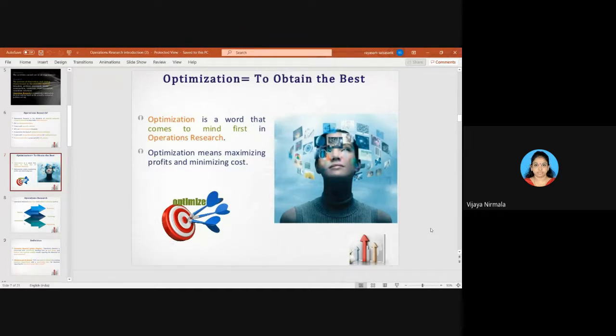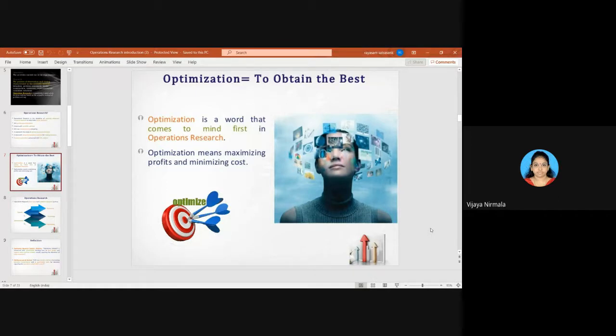You can ask what decisions we can take in the business. In this, we can use optimization. Optimization in the sense to obtain the best, that is to get the best, that is called optimization.